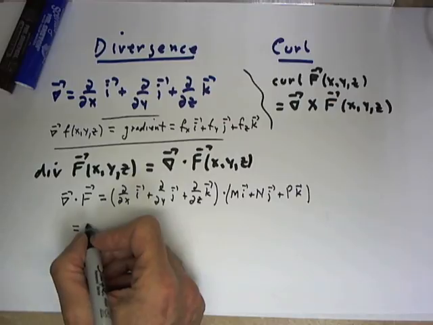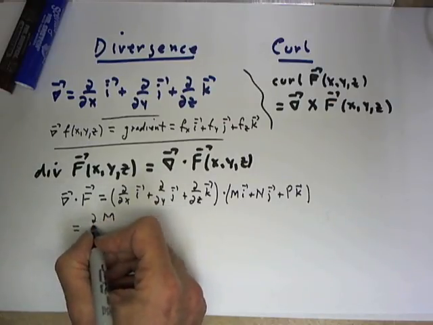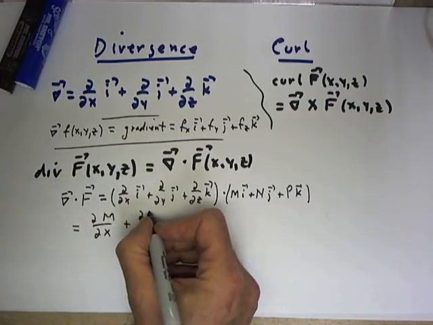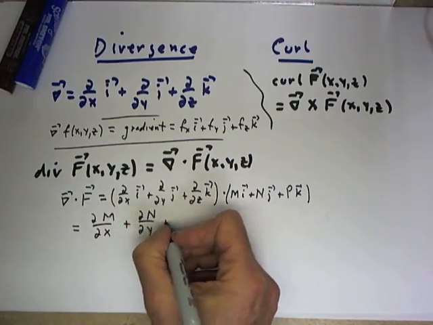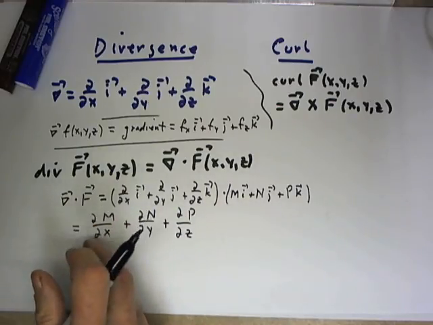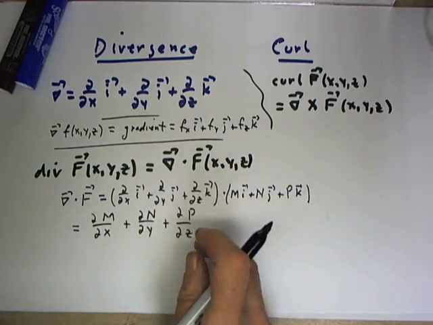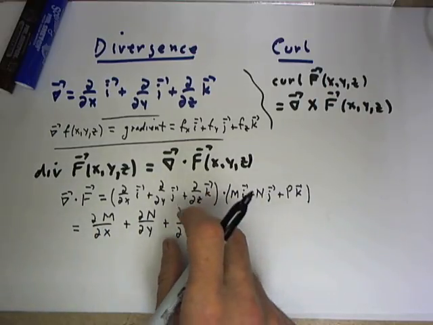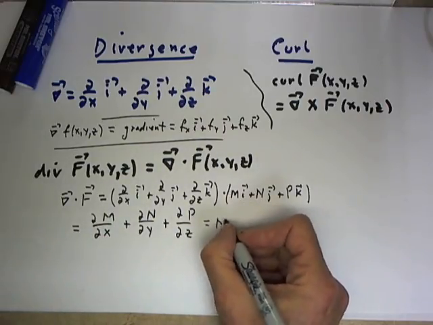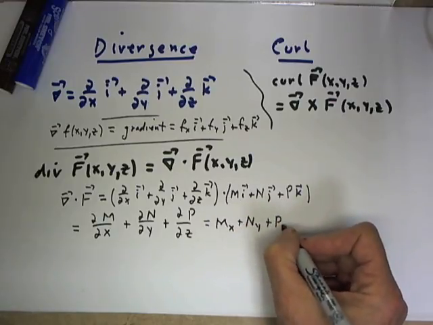And that gives us, let's write it out this way: partial of m with respect to x plus partial of n with respect to y plus a partial of p with respect to z. Now that's just a scalar valued function. And we could write that as m_x plus n_y plus p_z.